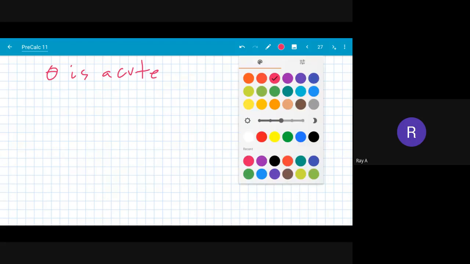If you notice, the angle that was given was always acute, all right? Therefore, if theta is an acute angle, the different possibilities are as follows.